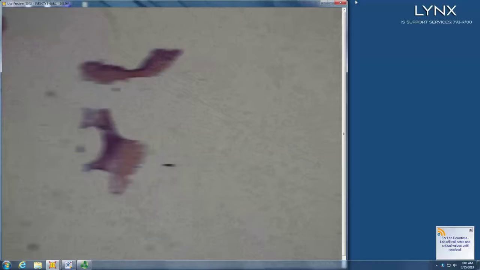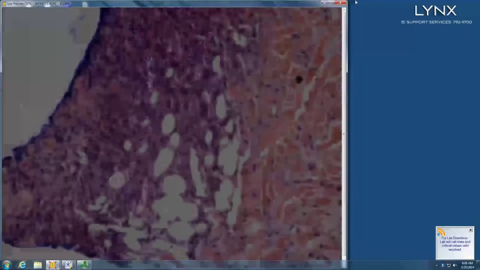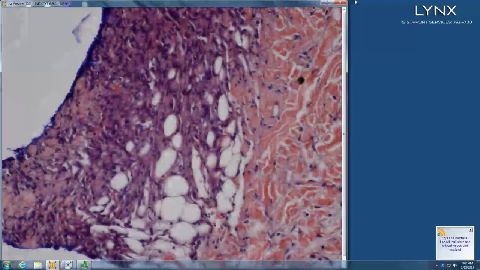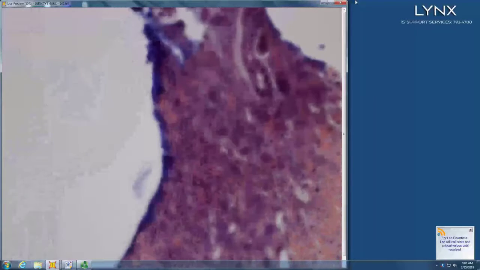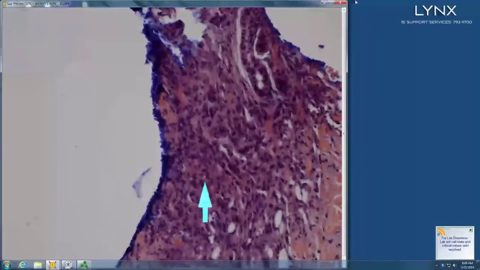So you're just seeing the top of this. What kind of thing gives you spindle cells with erythrocytes between the spindle cells? KS.